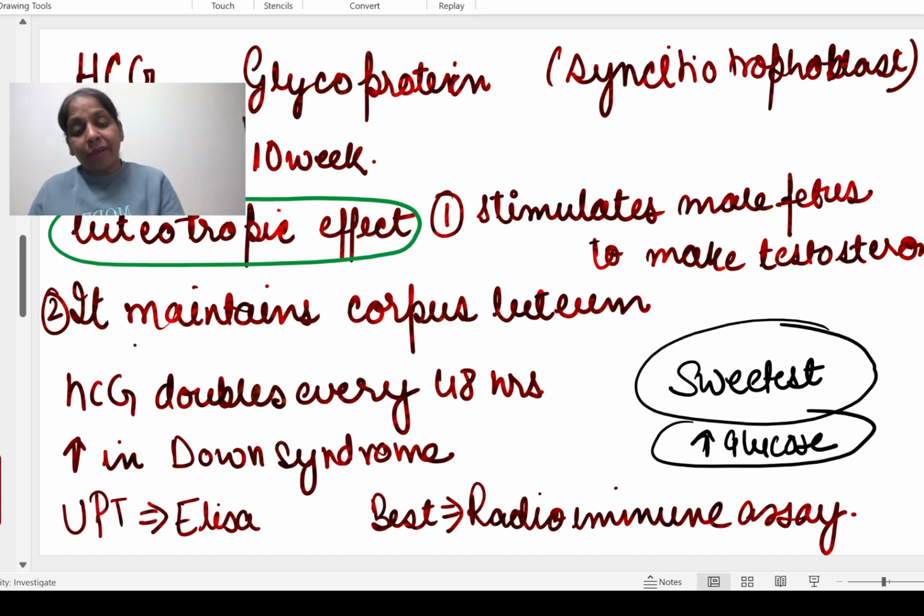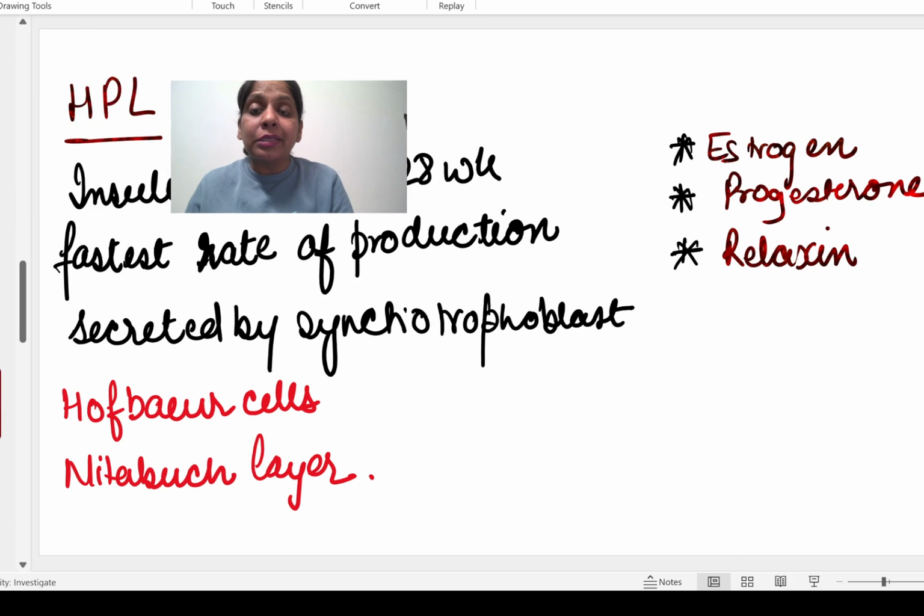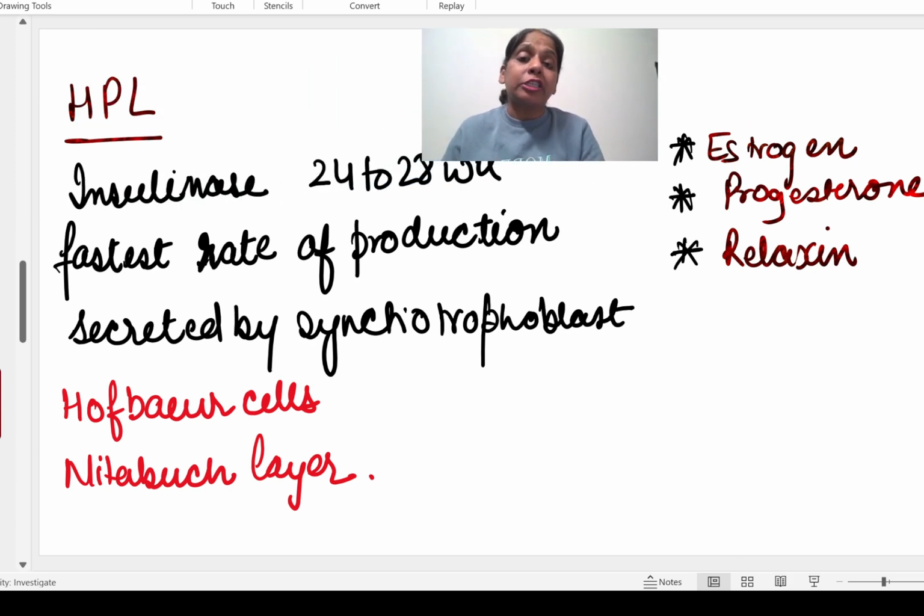I hope every point about HCG is clear to you now. Next is about HPL. It is very easy to learn about HPL. HPL has anti-insulin-like action, and this action of HPL is at peak at 24 to 28 weeks.